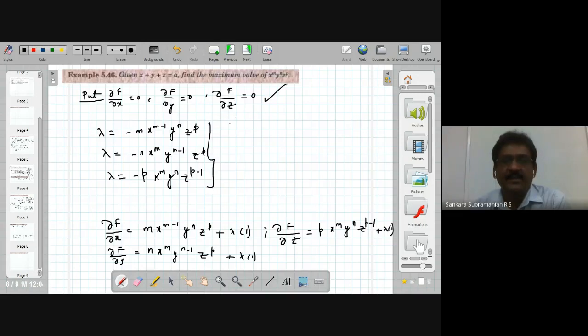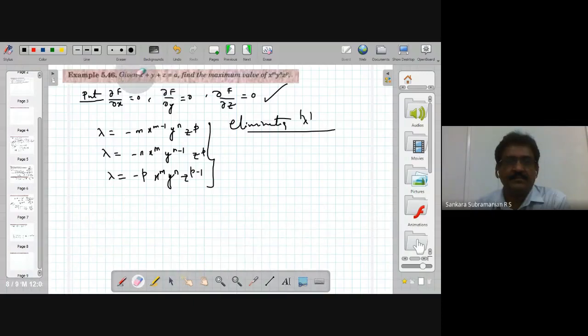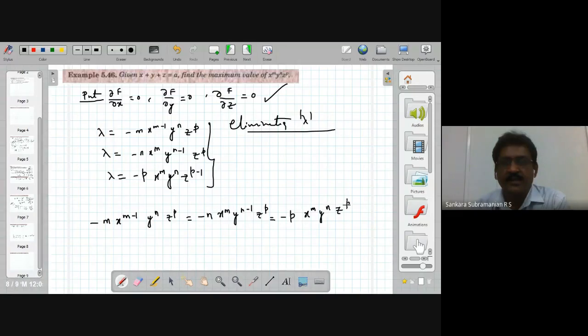Now if you equate them, eliminating lambda from these 3 equations, I can get an expression like this: m x^(m-1) y^n z^p = n x^m y^(n-1) z^p = p x^m y^n z^(p-1), with the negative signs.